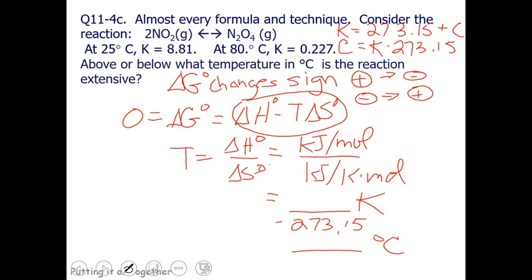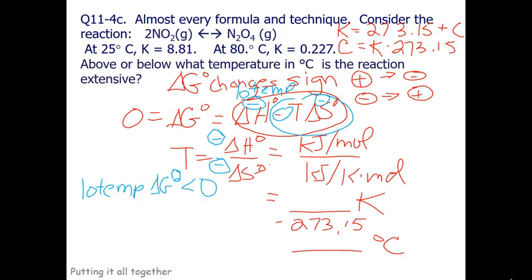Now, I will give you a little bit of an extra hint on your answers. Your values for delta H naught and delta S naught should both come out to be negative. So that means at low temp, when delta H is in charge, delta G should be equal to delta H, so it should be a negative sign.